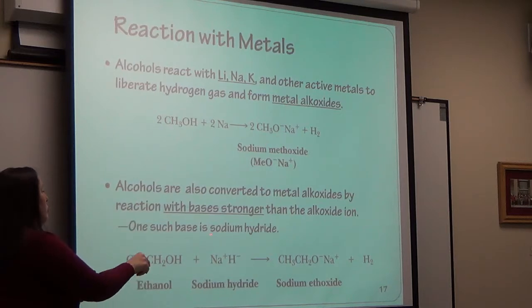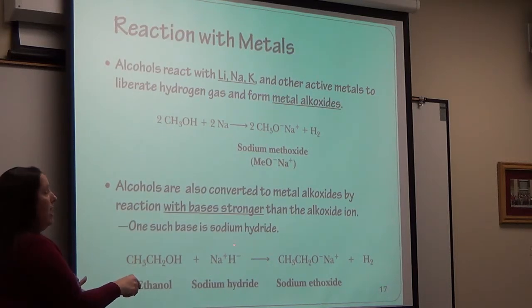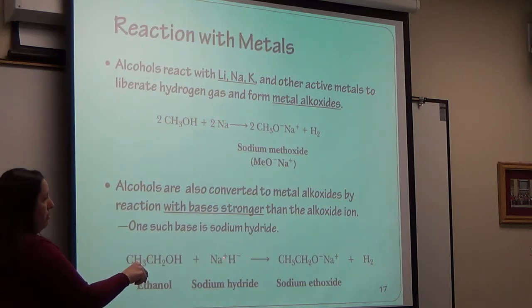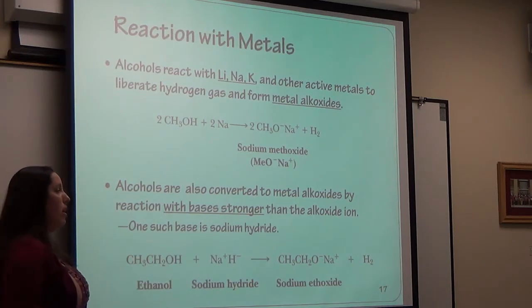You can also use sodium hydride. That means it already has its own hydrogen as a negative ion. That's really uncommon, but again, with the sodium stabilizing, it works. That's an extremely strong base. And again, the hydrogen is going to go to form the hydrogen gas, and then the sodium will pair with the alkoxide ion.